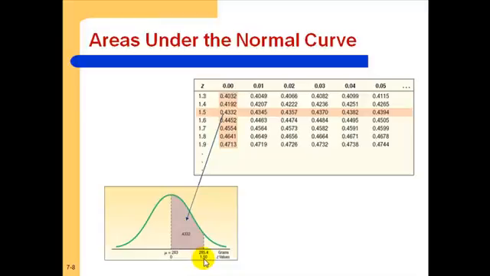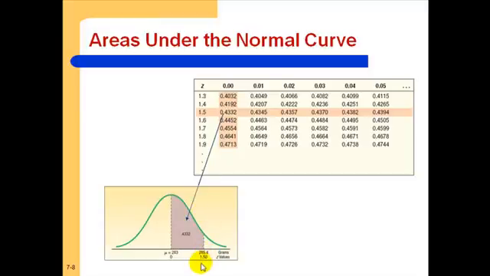We already know the z-value is 1.5. So first, go to the column headed by z, go all the way down to 1.5, and then move horizontally to the column headed by 0.00 because it's 1.50.